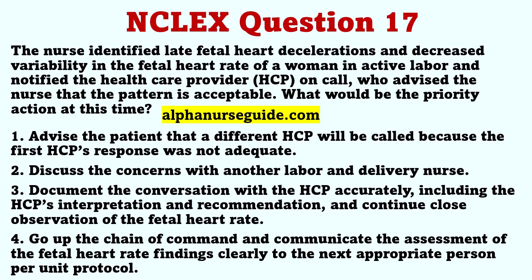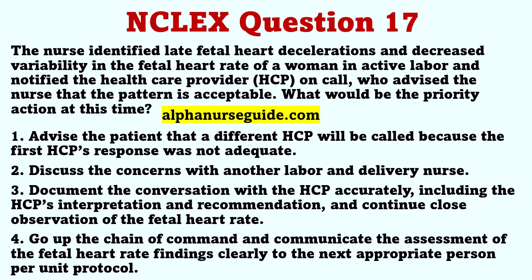The nurse identified late fetal heart decelerations and decreased variability in the fetal heart rate of a woman in active labor and notified the healthcare provider on call, who advised the nurse that the pattern is acceptable. What would be the priority action at this time? 1. Advise the patient that a different HCP will be called because the first HCP's response was not adequate. 2.